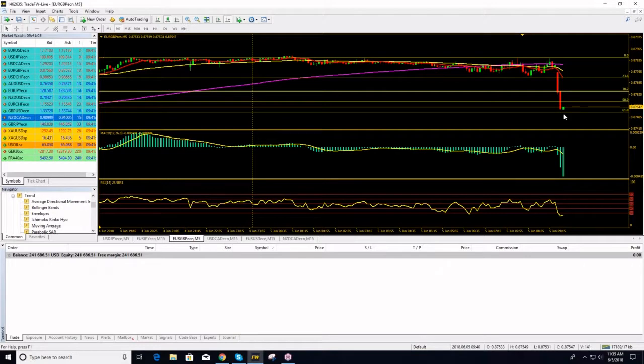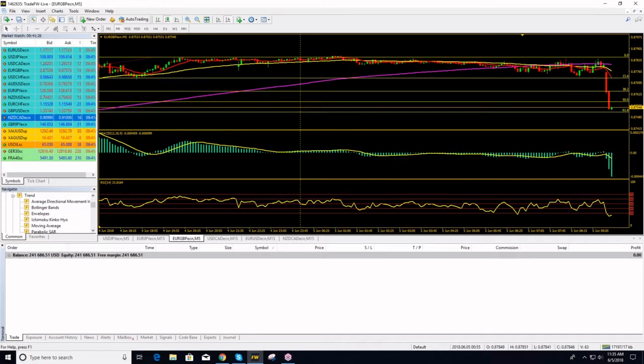So we are looking now for scenario 1B, this scenario here, and we want to test FIBO 61.8. Let's see how it behaves. It still didn't close below it and above it, so let's wait.